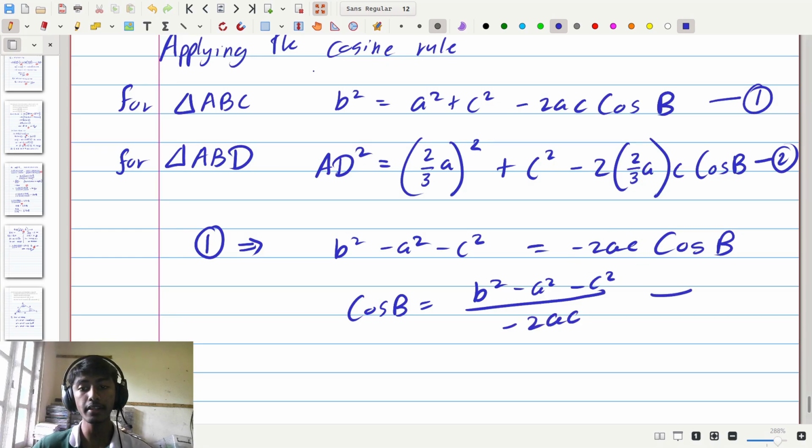I'm going to call that equation number 3. Now from this, if we substitute equation 3 into equation 2, we'll be rid of the cosine of B and can therefore have an equation for AD squared in terms of only a, b and c.